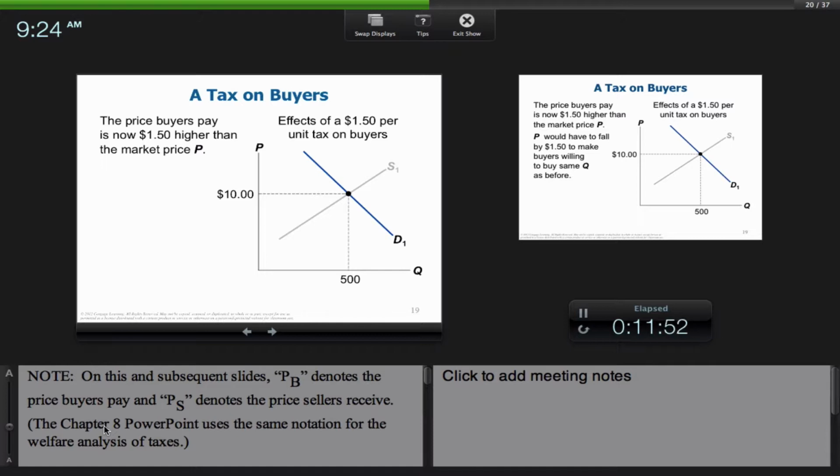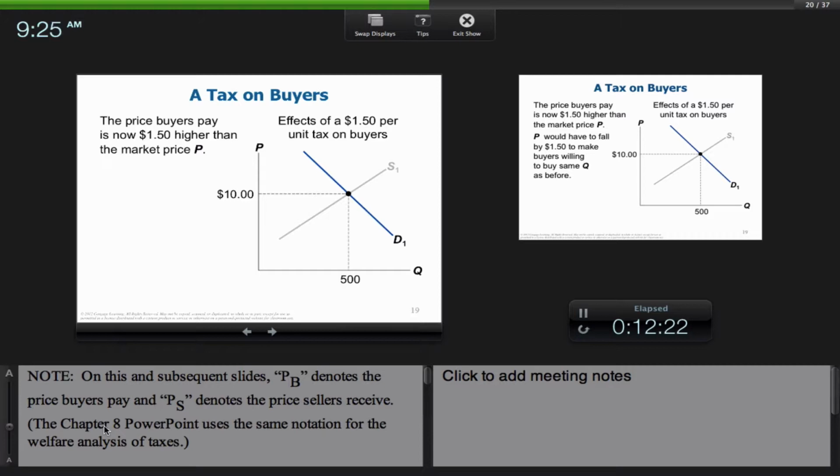So to lower the price to $8.50, which is what we'd have to do, right? We'd have to increase supply, correct? Would that result in a quantity of 500? It would be more. Okay. Well, let's decrease demand to the point where equilibrium is $8.50.